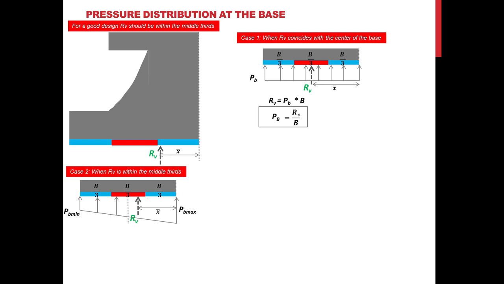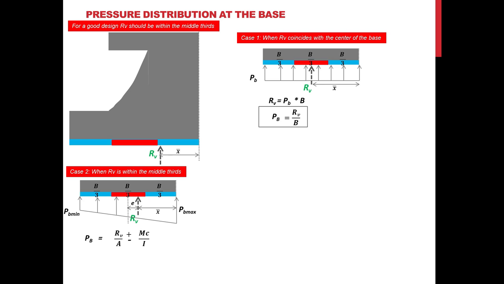So of course, when RV is not within the midpoint of the base, there will be a certain distance of RV to make it eccentric to the neutral axis. Say this is the eccentricity E. So therefore, the base pressure is equal to force all over area, RV all over A, plus or minus. Plus is used for maximum, minus when the base pressure is at minimum.